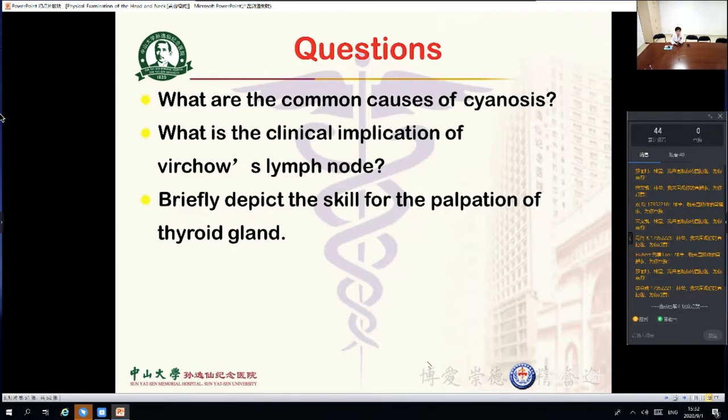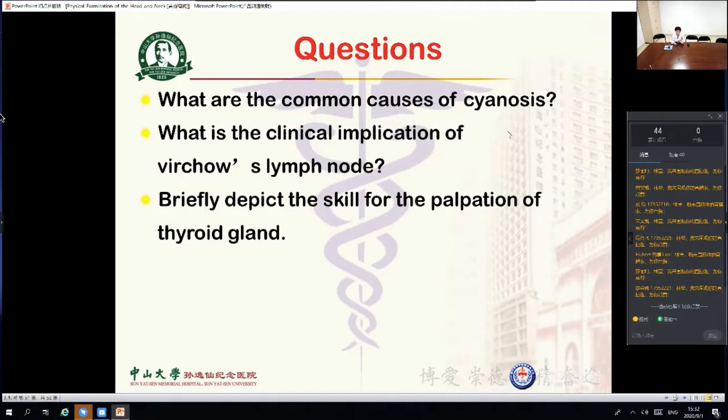The first one is, what are the common causes of cyanosis? If you still remember, there are some clinical occurrences of cyanosis, like sudden obstruction of the airway, pneumonia, COPD, chronic obstructive pulmonary disease, and some heart failure situations, especially chronic heart failure.